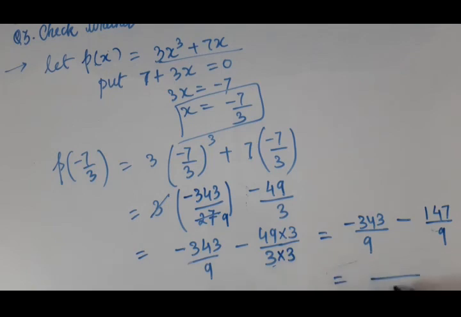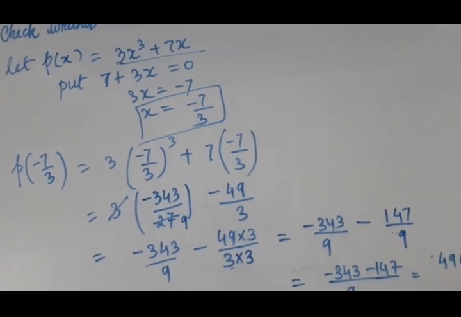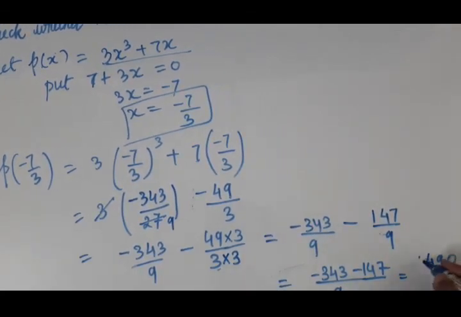Write the denominator once and you will get minus 343 minus 147, which equals 490. Both numbers are negative, so the answer will also be negative: minus 490 upon 9. Now this is your remainder.